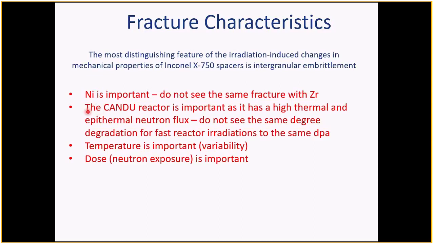So this nickel effect is doubly important in a CANDU reactor, because in a CANDU reactor we have 3 times as many thermal neutrons as you do in a PWR or a BWR. Again, I'll repeat it, because the CANDU reactor is operating with natural uranium, there's not as much fissile material around.